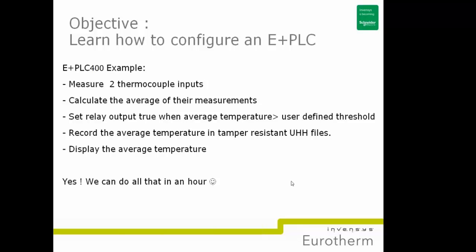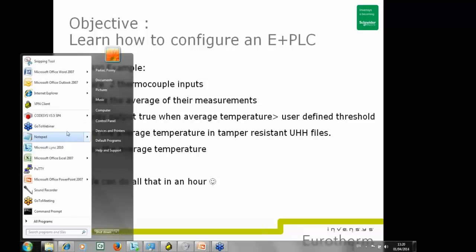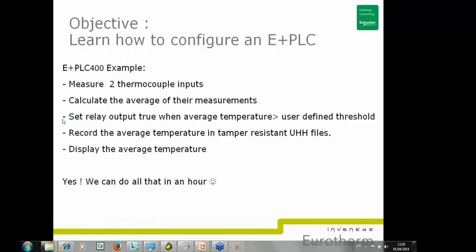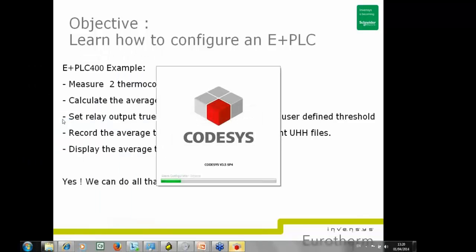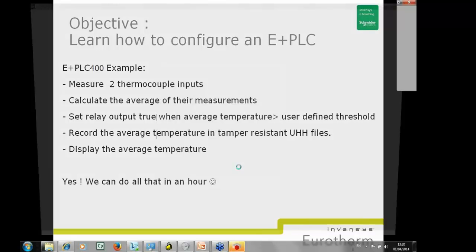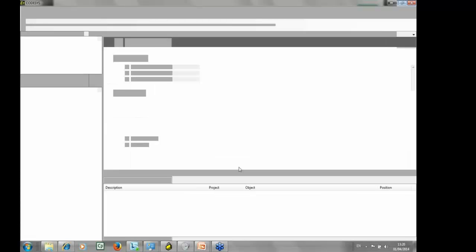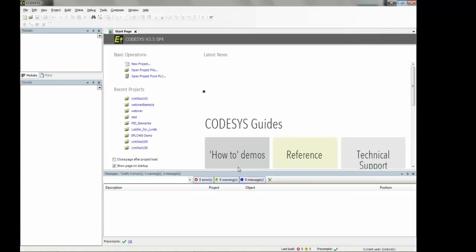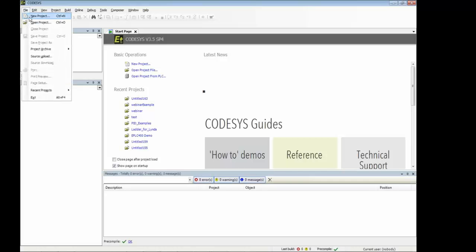So the next step is to start CodeSys. I've already installed the E+PLC software, which in turn has installed the CodeSys software, version 3.5 Service Pack 4. So I can now start a new project.